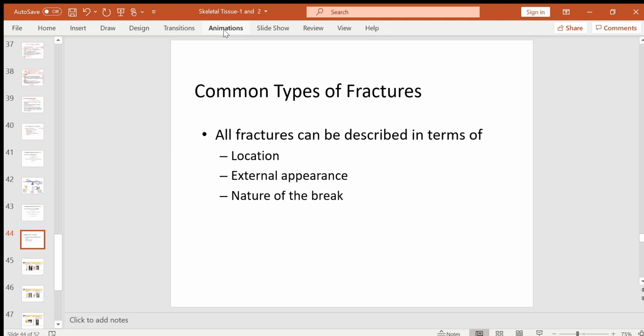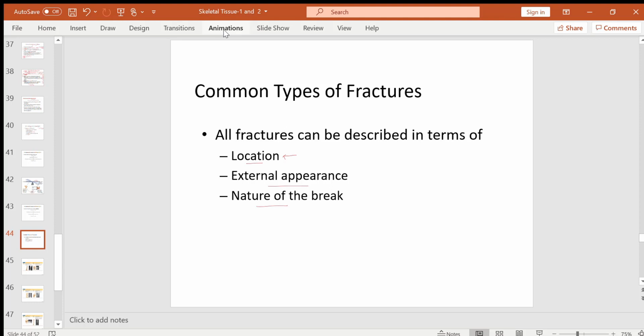We often hear the term fracture of the bone. We name the fractures or describe the term based on the location, the appearance from outside, and the nature of the break. So those are the three things we see to identify the type of fracture.